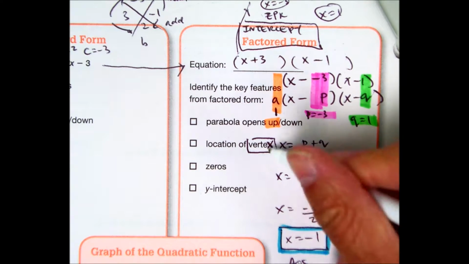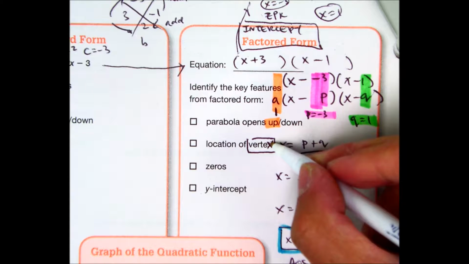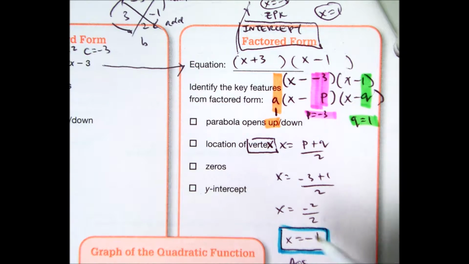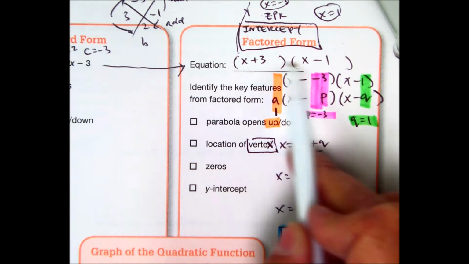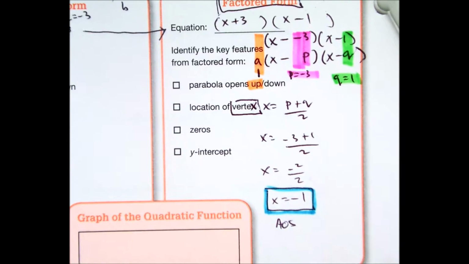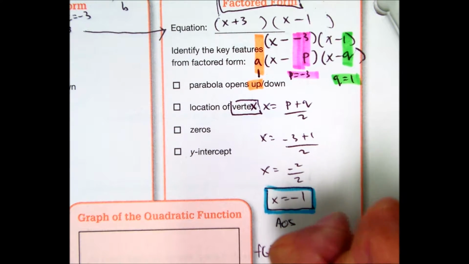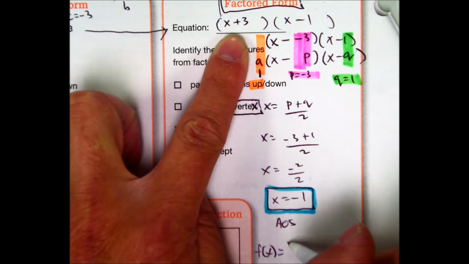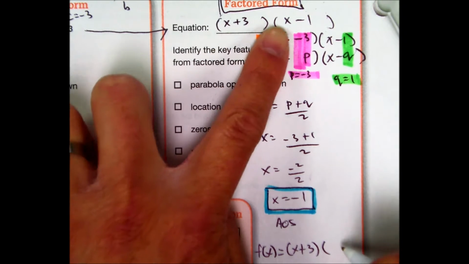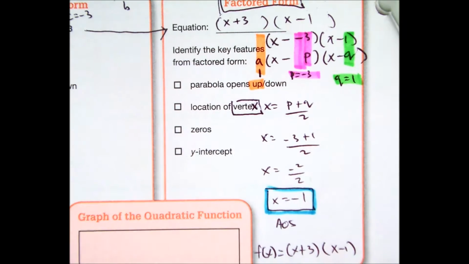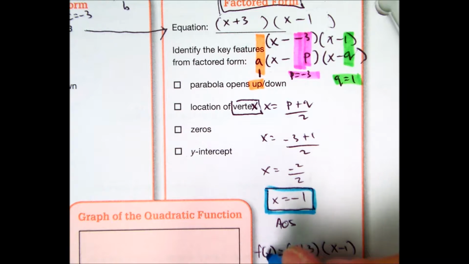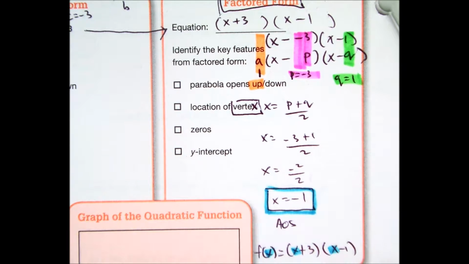The vertex is an ordered pair, so I need to find the y value. In order to do that, you just use function notation. Do it here with you. F of x equals x plus 3, x minus 1. And basically for that x value that we just found, I'm going to substitute in what number? Negative 1.